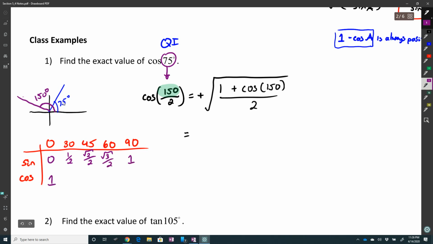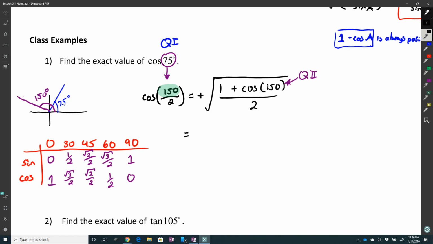And we reverse those for cosine. Okay, so cosine of 150 is over here in quadrant 2.